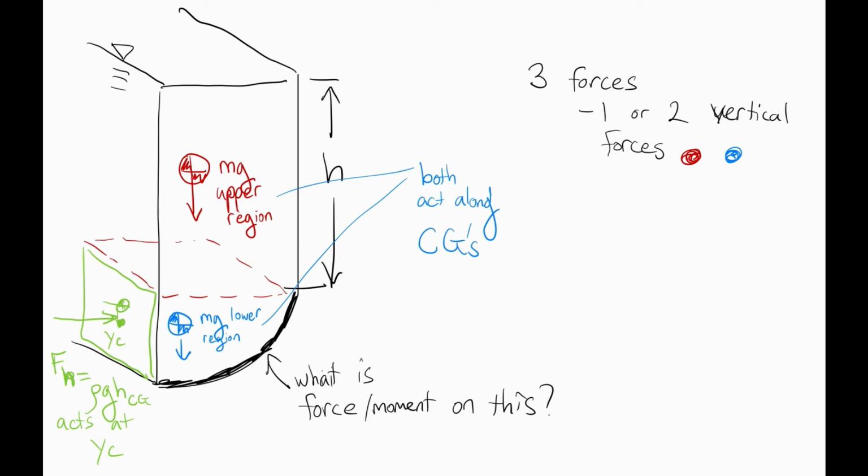And the third force comes from the projected area onto that back green face, so into a 2-dimensional plane. That's easy to calculate. It's rho gh, where h is the depth of the center of gravity of the projected plate, and the force itself doesn't act there, it acts at the center of pressure on that plate, which we previously learned how to calculate.